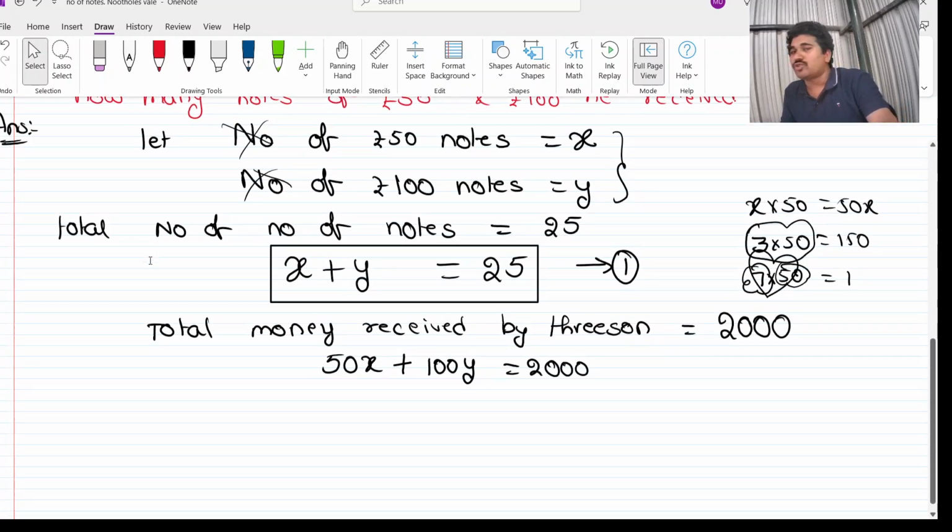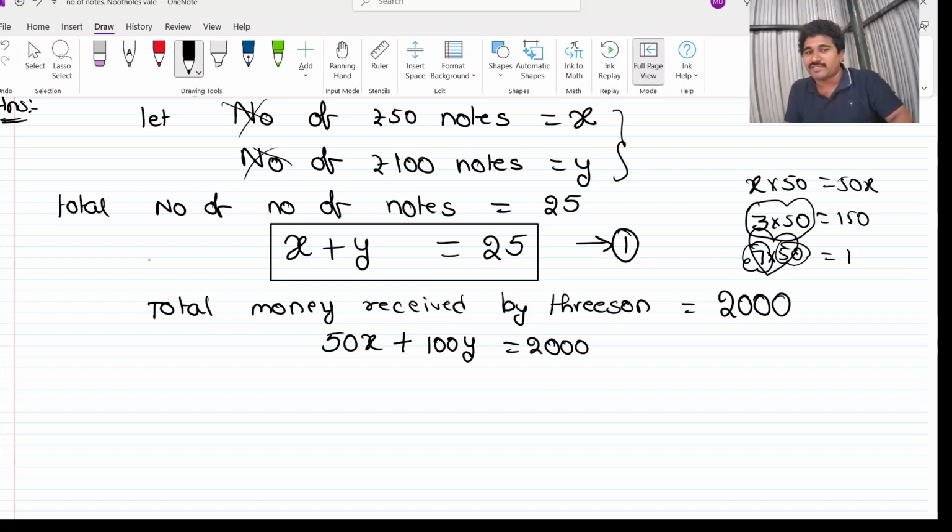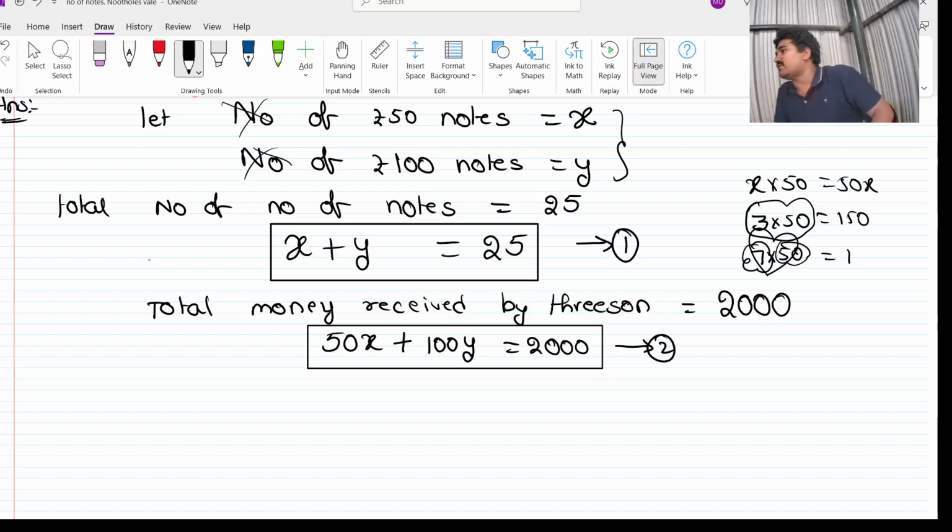Correct, right? Don't do any simplification. You write this because in their answer key this equation will be written. Understand? You should write it in the box. Then you do the simplification if you want. I hope everybody can divide it by 50. So you write it as divided by 50. What will it become?